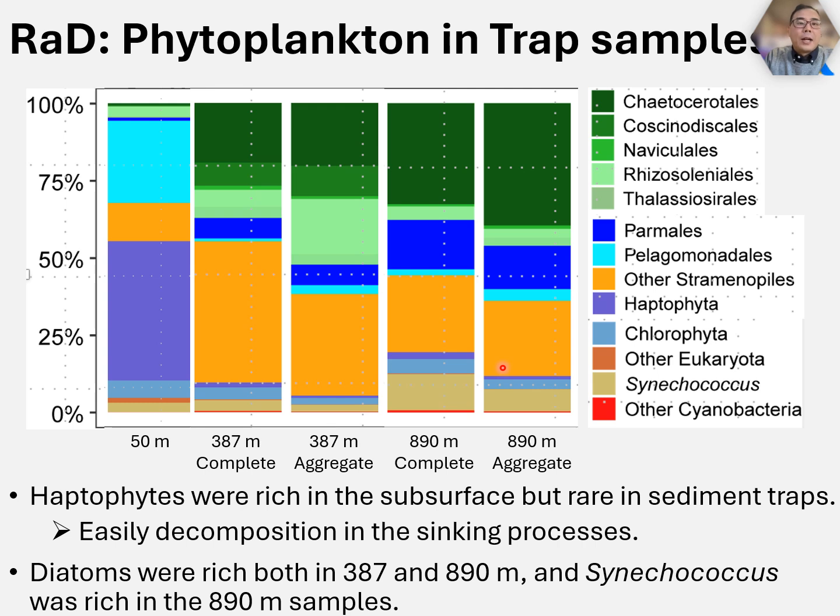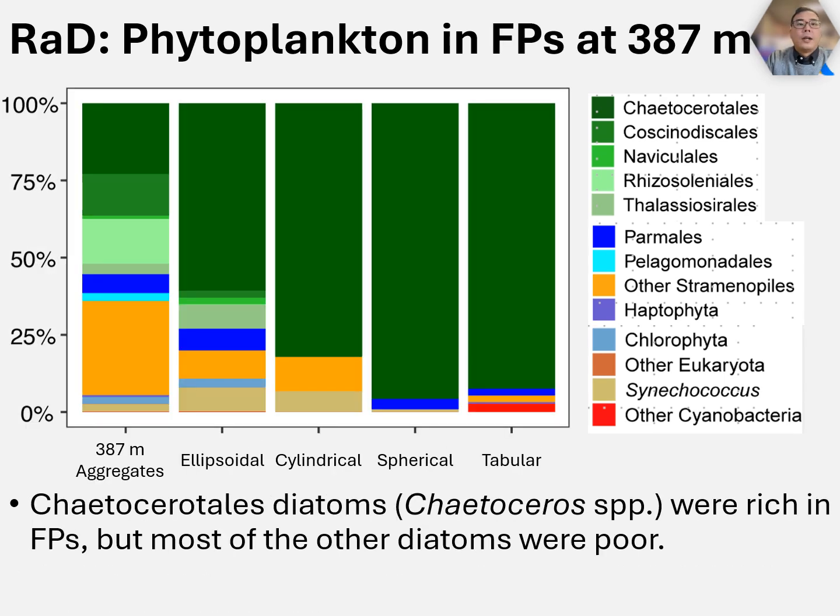Instead of the diatoms, Synechococcus contribution was increased in the complete samples at 900 meter depths. Let's see the phytoplankton community in the fecal pellets. This figure compares the aggregates and fecal pellets at 400 meter depth.